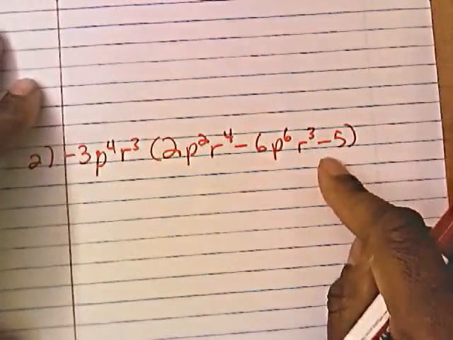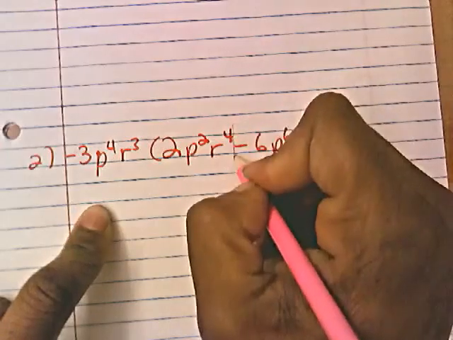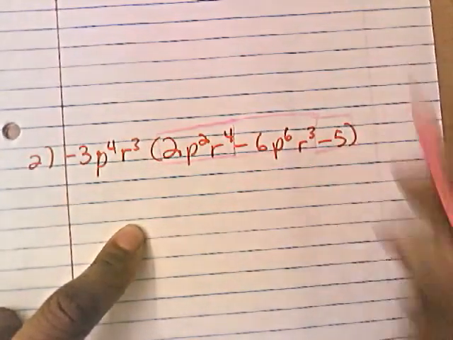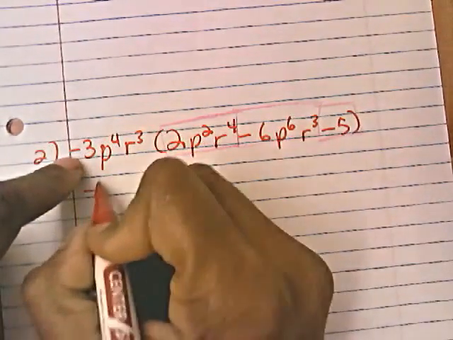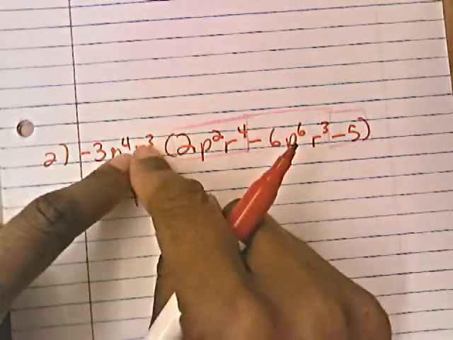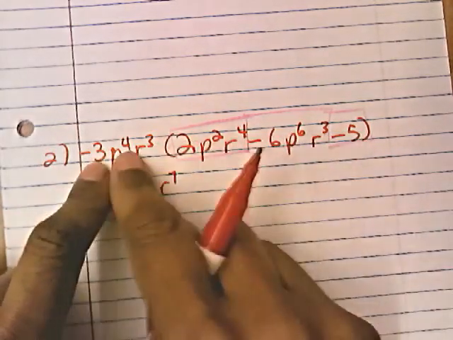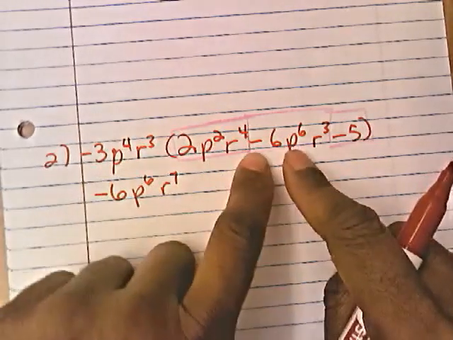Okay? Problem 2, same thing. I'm going to designate, if I need to, what all of my terms are. Negative 3 times 2 is negative 6. P4, P2 is P6. R3 and R4 is R7, because when I'm multiplying, I add the exponents. Then I look here.